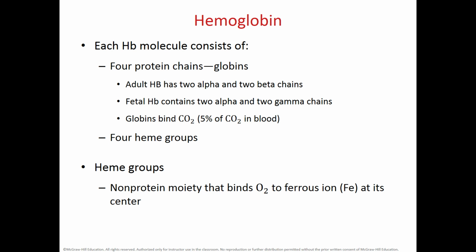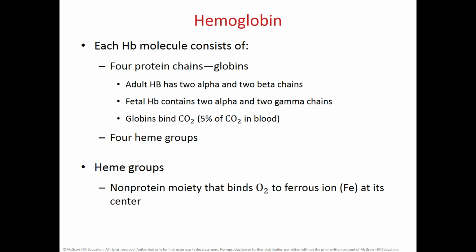In the fetal hemoglobin, you have 2 alpha globins and 2 gamma globins. So the only change is gamma for beta in the fetal hemoglobin.